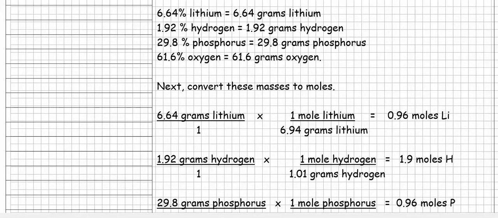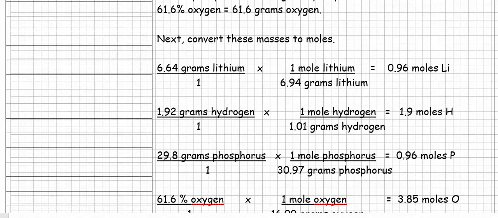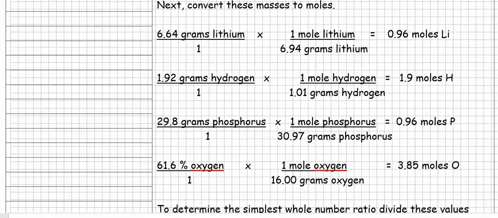So I've got another step, and that is to take those grams of lithium, hydrogen, phosphorus, and oxygen respectively and convert those to moles, right? Again, dimensional analysis. Grams will always cancel with grams. I'm getting these numbers off the periodic table. So now what I've got is the mole to mole to mole to mole relationship.